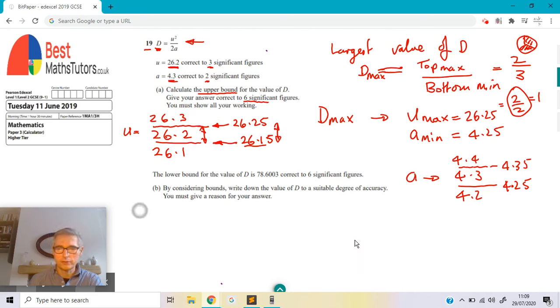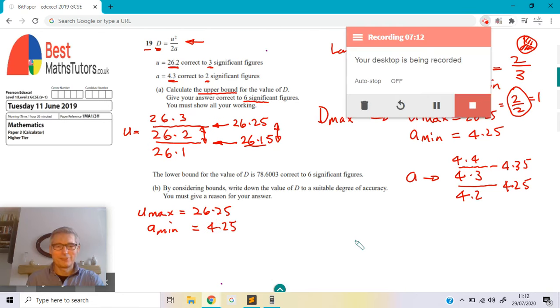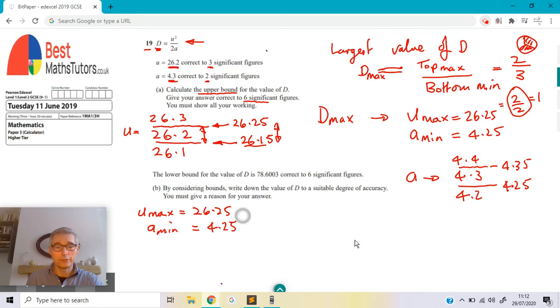So I'll need to use this bit of space down here. So U max is 26.25. A minimum is 4.25. So from these values, we can work out the maximum value of D. So we want the D, and I'll just write upper value.